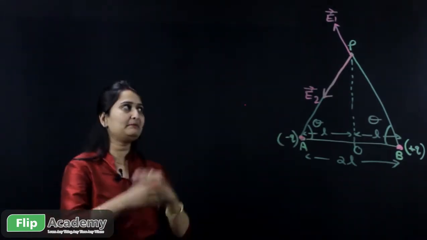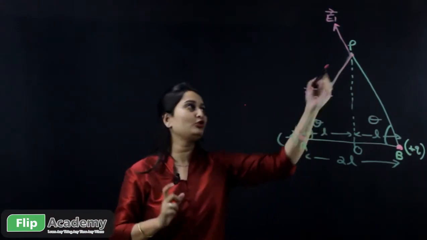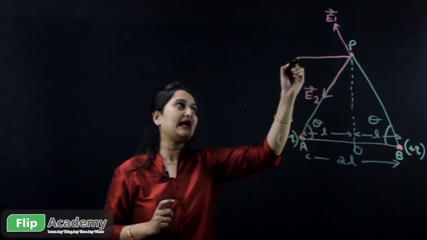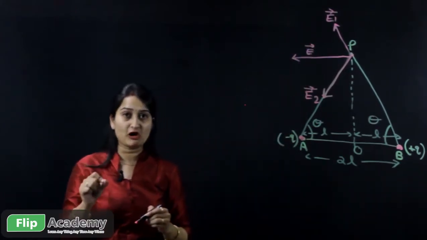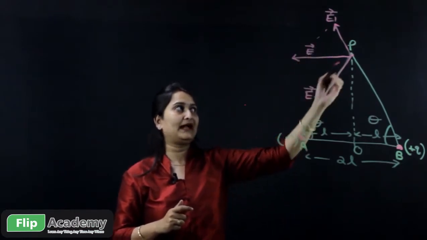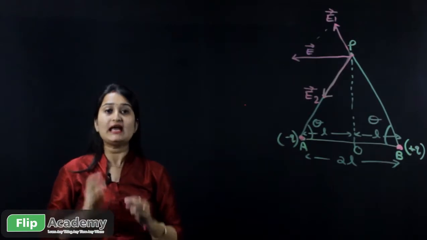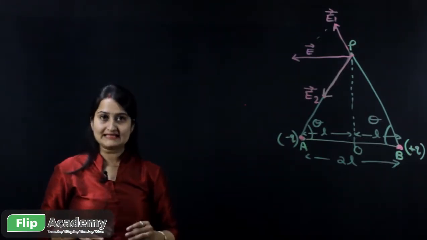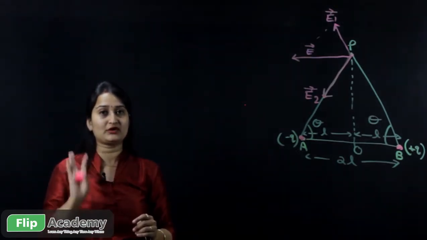Now, let us simplify it. E1 and E2 are 2 vectors, so the resultant of the 2 vectors is given by capital E. This resultant of the vectors is found by the parallelogram law. If I complete this figure, it becomes a parallelogram and E becomes a diagonal of the parallelogram. In this condition, let us resolve E1 and E2 into 2 corresponding parts.